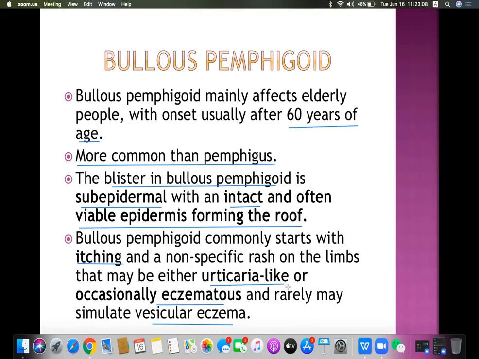In urticaria, there are a lot of very itchy, edematous rashes on the skin. When we feel them, they feel elevated from the skin. Eczema is a dermatitis, another itchy type of condition. So some of the features may look like these also.